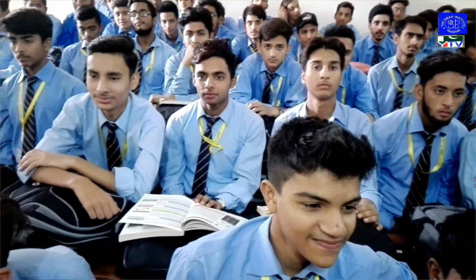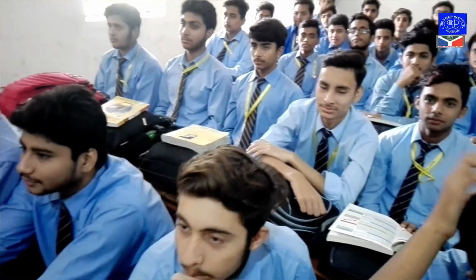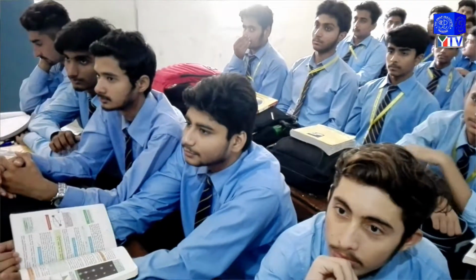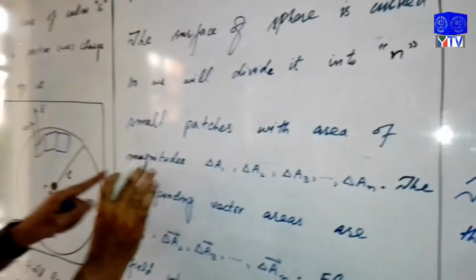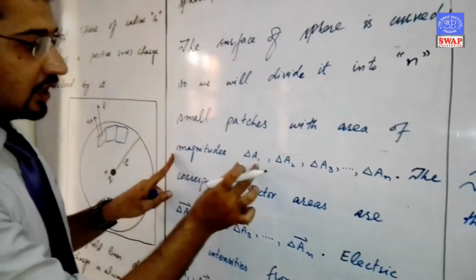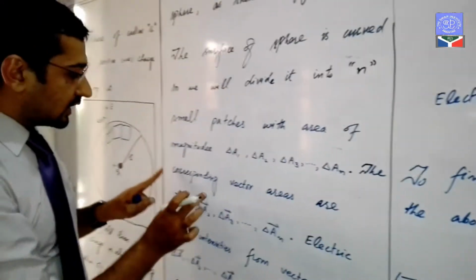So the surface of the sphere is curved. This one is the curved surface, so we will divide it into n small patches. Okay, n small patches having magnitude delta a1, delta a2, delta a3 up to delta an.